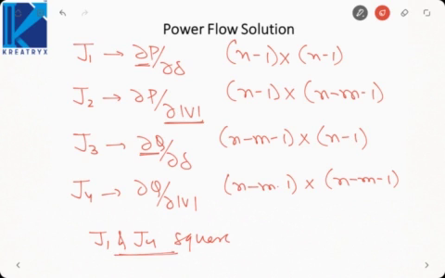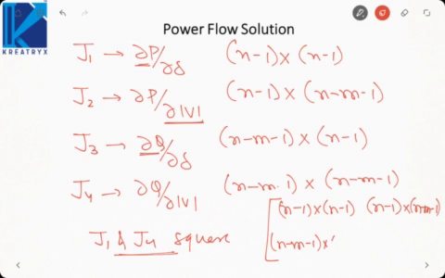Okay, and what is the order of Jacobian? Here J1 has n minus 1 rows, n minus 1 column. J2 has n minus 1 rows and n minus m minus 1 columns. J3 has n minus m minus 1 rows and n minus 1 column.